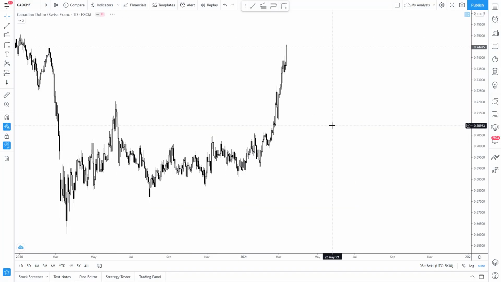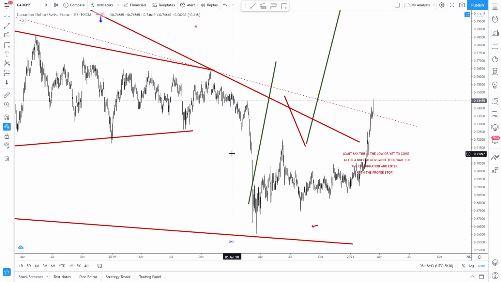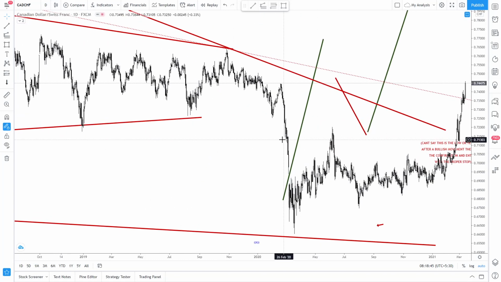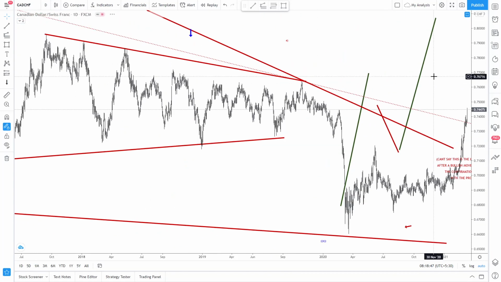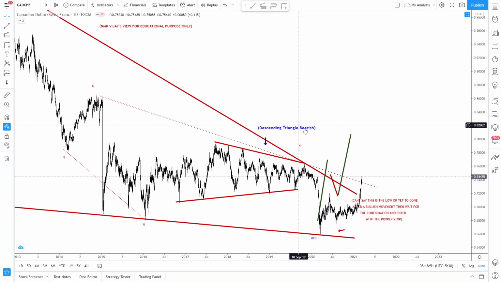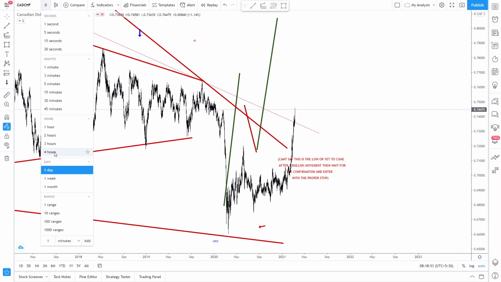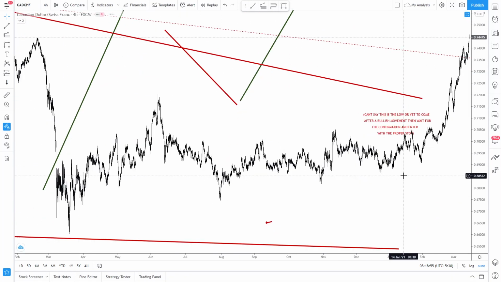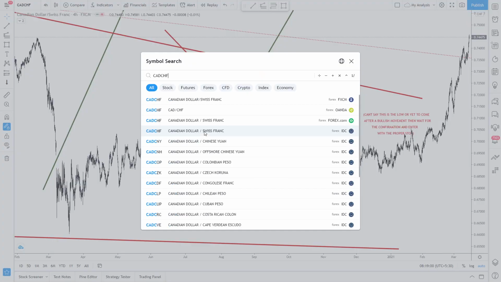So, yeah, the 4 hearts. One second guys, please.